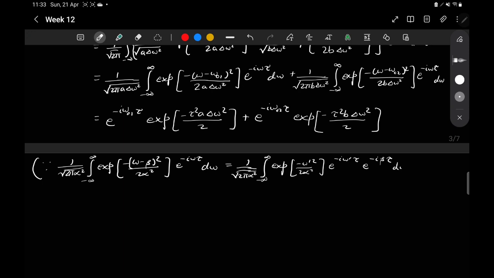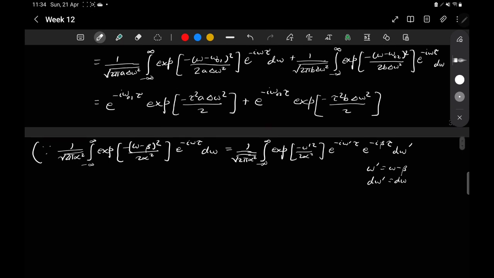This is because we have made the substitution omega prime equals omega minus beta, so d omega prime equals d omega, and let us also call a equals 1 over 2 alpha squared.